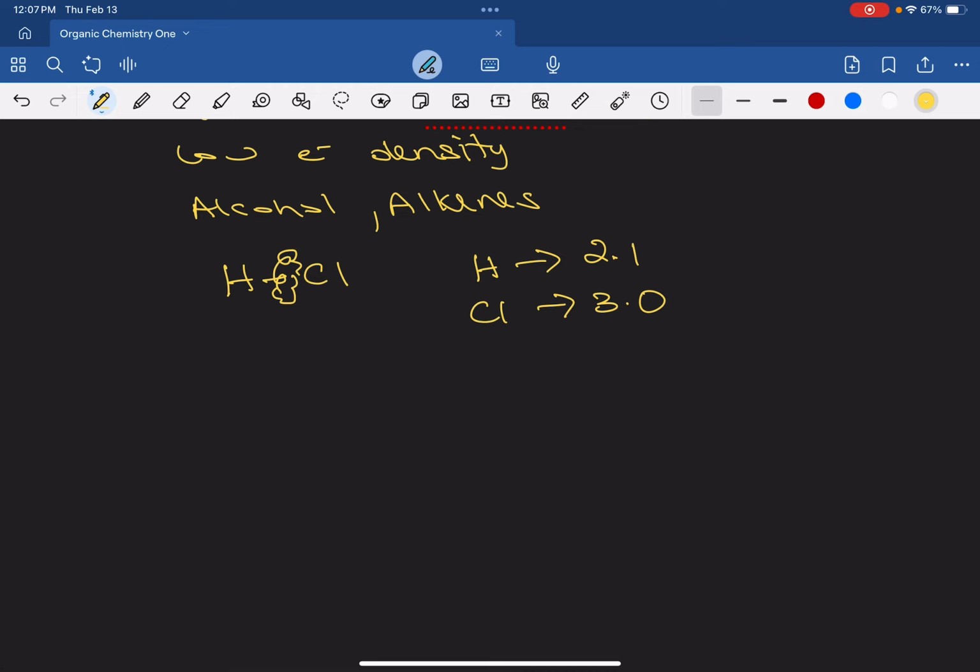Because chlorine is more electronegative than hydrogen, more of the electron cloud is pulled towards chlorine, more of it is over this side than it is by hydrogen. What that does, because more of the electron cloud is being pulled this way, is induce a slightly negative charge on your chlorine, which is represented by sigma minus, right? This is an induced charge or what we call a partial negative charge.